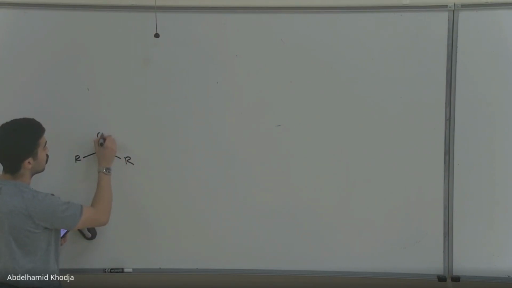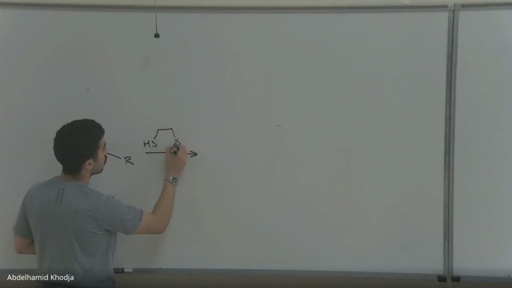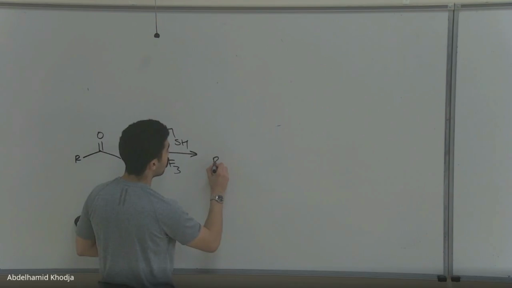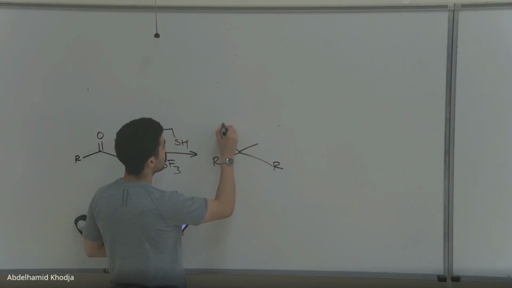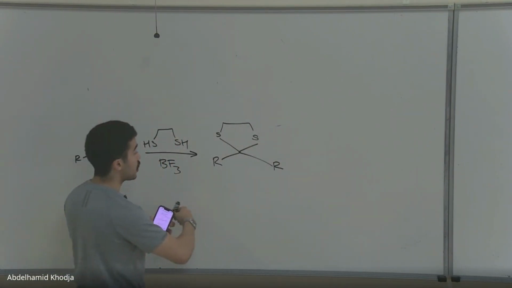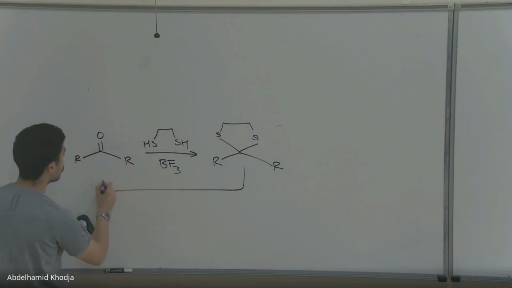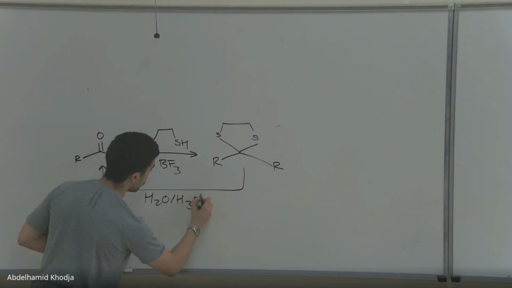Ketone, double bond. Whenever we react it in the presence of this BF3, we form this thioacetal protecting group. Remember? S. To remove this group, we said we did what? We're going to add H2O, H3O plus. Acidic workup.